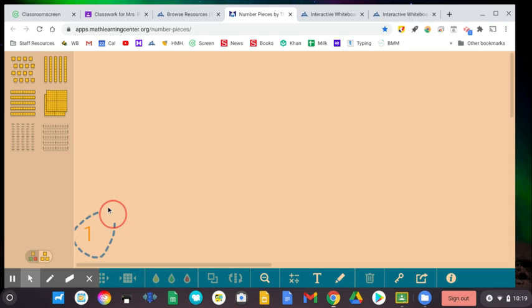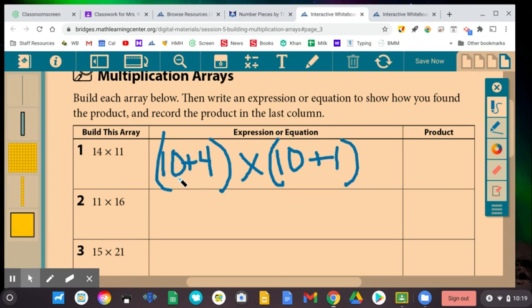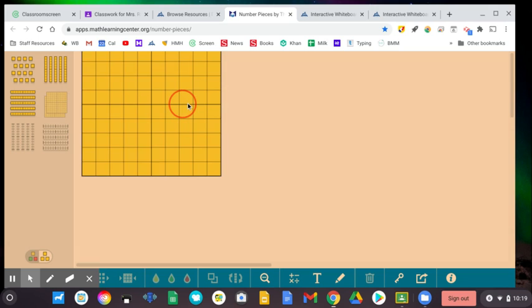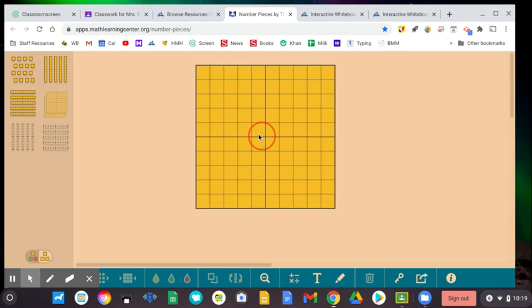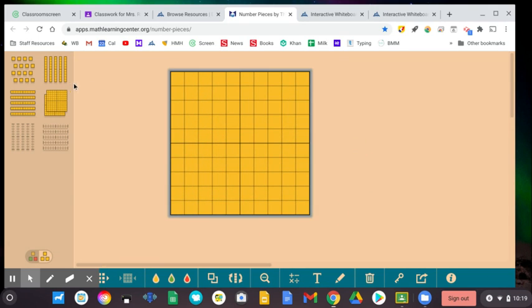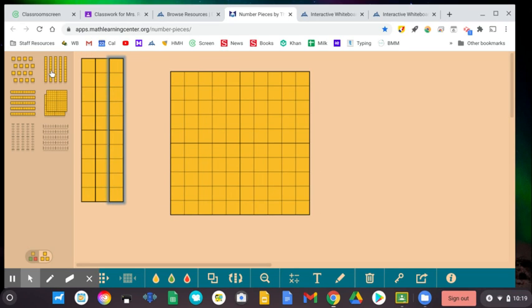And this one. Our paper says I need to build something that is a 10 plus 4 and a 10 plus 1. So I know that this is a 10 and a 10. And remember, it says a 10 plus 4. 1, 2, 3, 4. Move those over here.